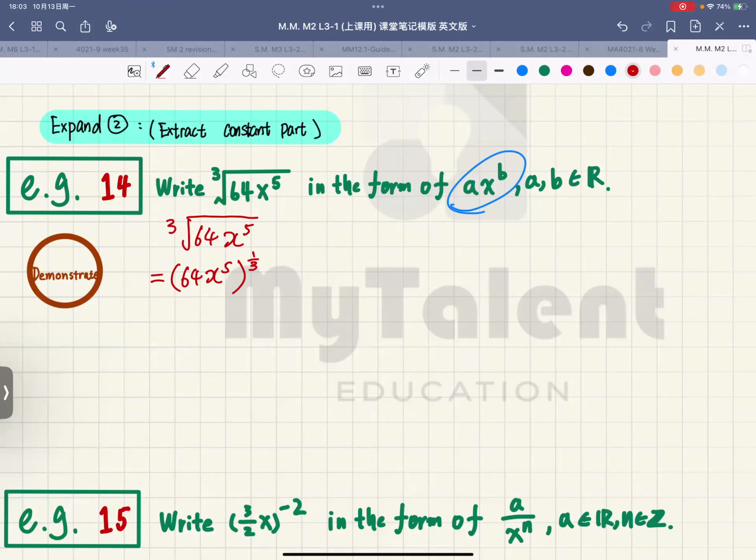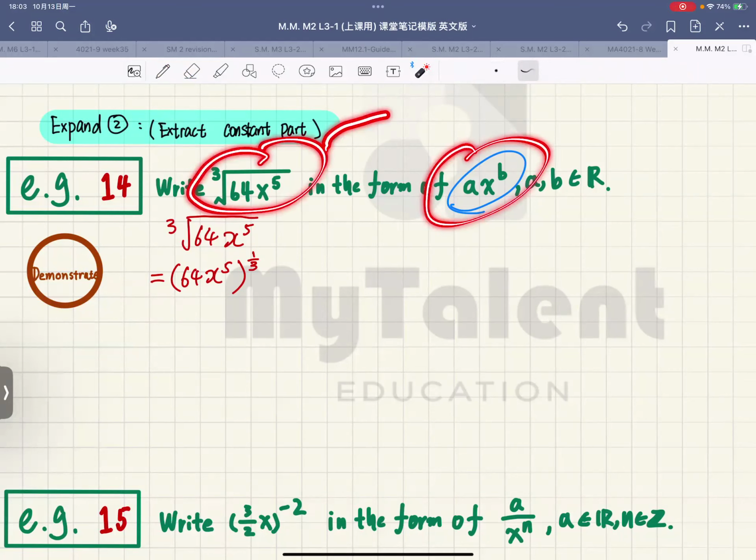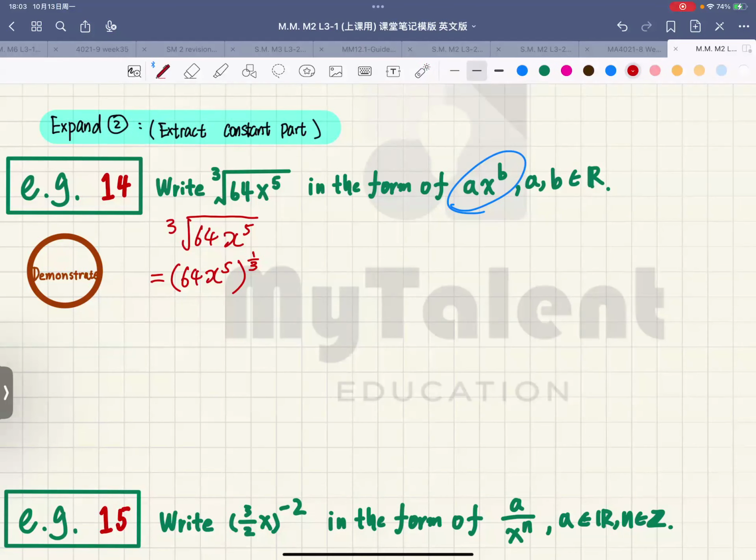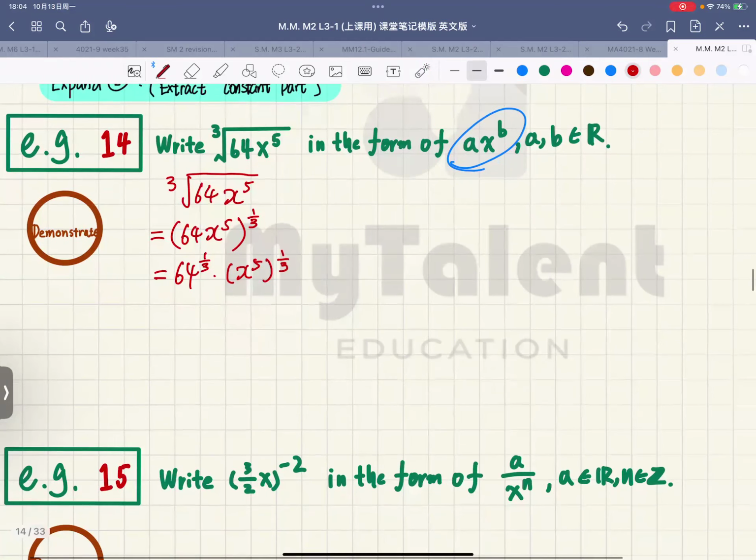Basically, we're looking for a bridge. It's like a bridge. We have this, we have this. We need a bridge to connect these two. Okay. Next, we break it up, which is equal to 64 to the power of 1/3 times x to the power of 5 to the power of 1/3, right? 64 to the power of 1/3.